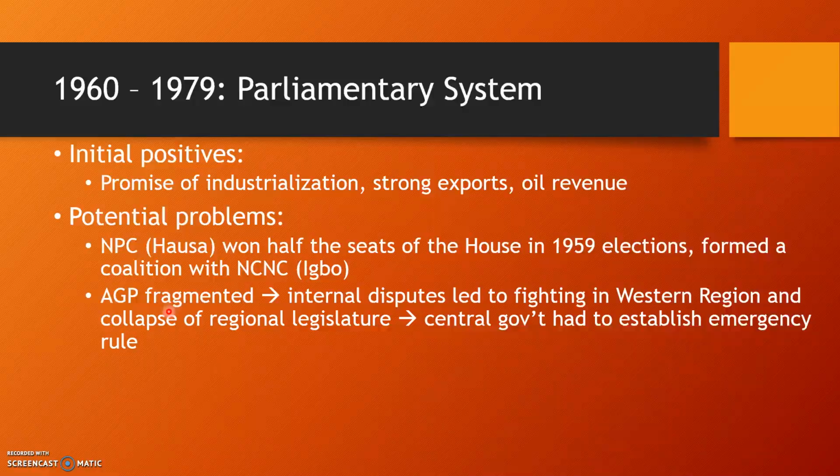The AGP then fragmented, and it led to a series of significant disputes and infighting that ultimately in 1960 and 61 led to the collapse of the regional legislature, which is not good. Ultimately, this meant that the central government of Nigeria had to establish emergency protocols.